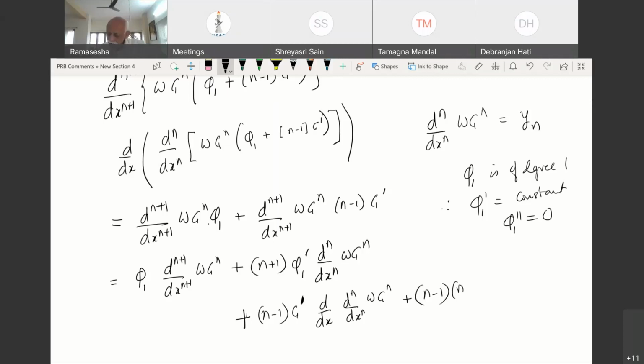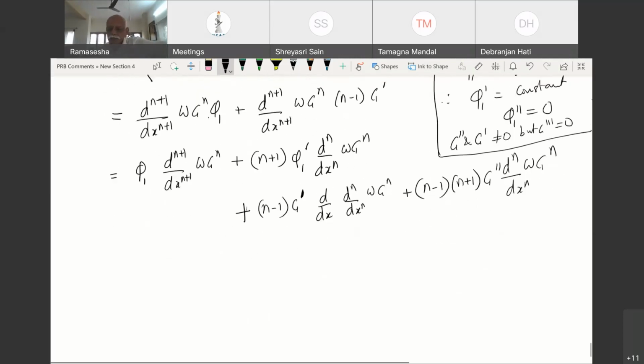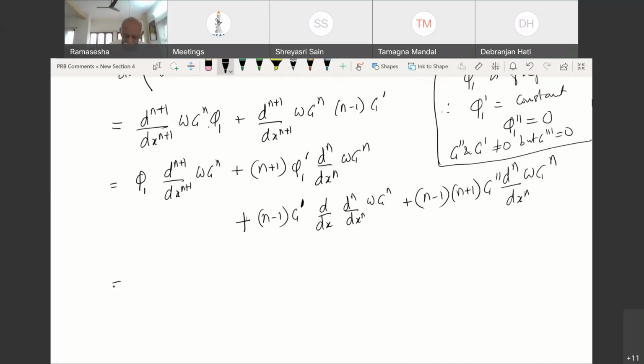Okay, for the same reason as this one, g and g prime and g double prime are non-zero, but g triple prime is equal to 0 because the polynomial g is of degree 2, so d cube g by dx cube is going to give me 0. So this is all that I'll have. So this I can write in the form p1 into d by dx.